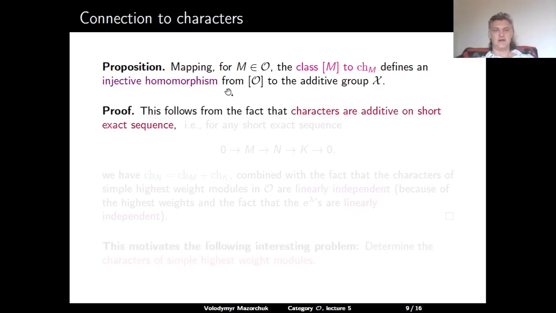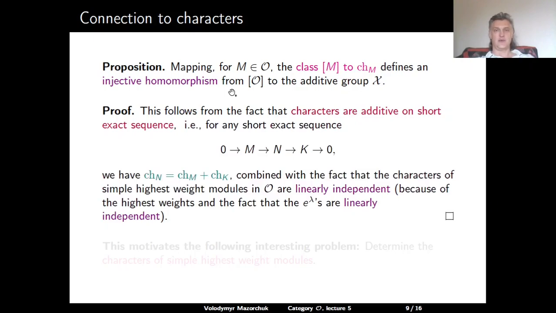This follows directly from the fact that characters are additive on short exact sequences. In other words, given a short exact sequence, where M is a submodule of N and K is the corresponding quotient, we have that the character of N is equal to the character of M plus the character of K. This is okay for modules in category O because they are all weight modules.